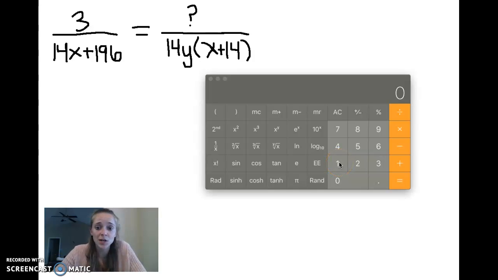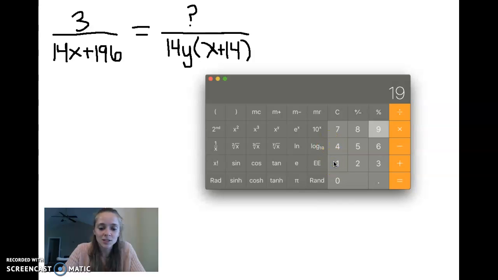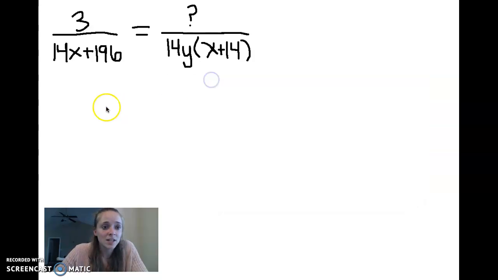So if you pull a calculator up and you take 196 and divide by 2, it does divide evenly, so let's see if 196 is divisible by 7. It's also divisible by 7, which means it's going to be divisible by 14 because it's divisible by 2 and 7. So I'm going to take 196 and divide by 14, and I get 14, which means that I can factor a 14 out of the 14x and the 196.